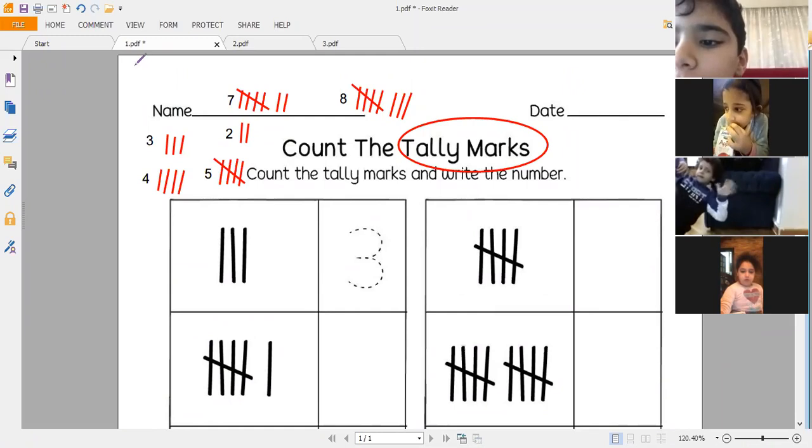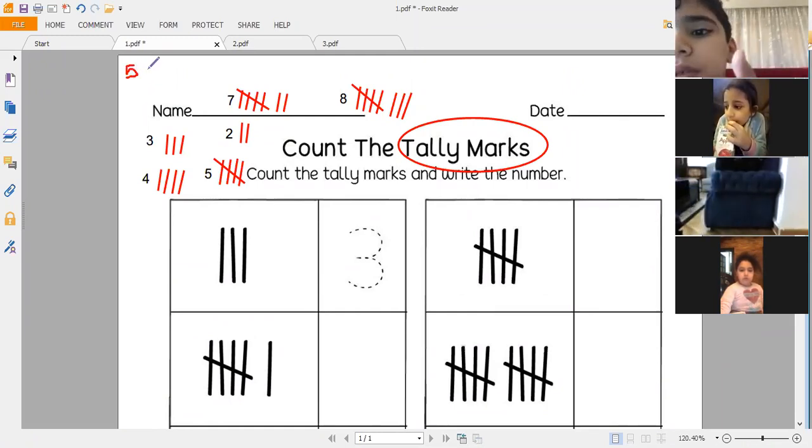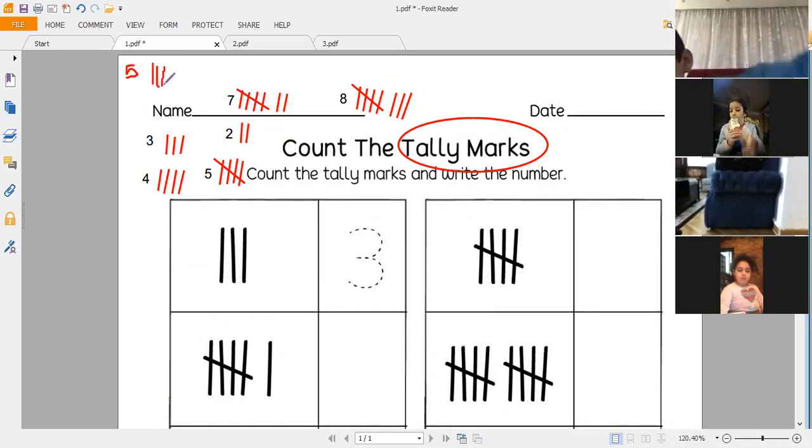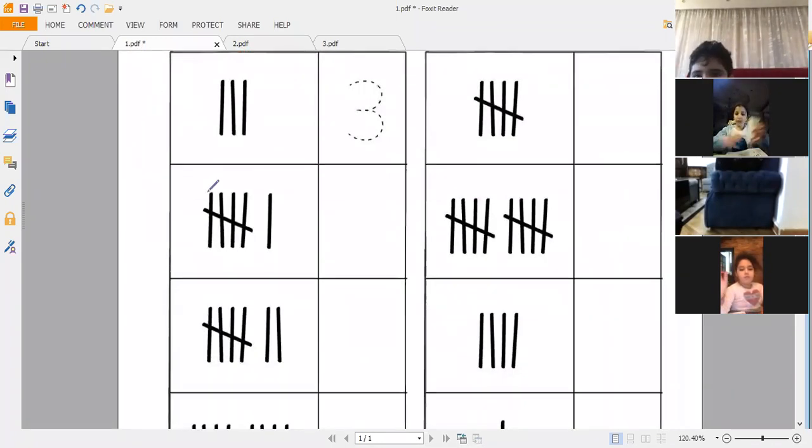When you want to represent number 5, you draw 5 tally marks. 1, 2, 3, 4, and cross the 4 lines with the fifth one. If you see this shape, it means 5 directly. Here we have 5, and we have one more tally mark. So how many tally marks?